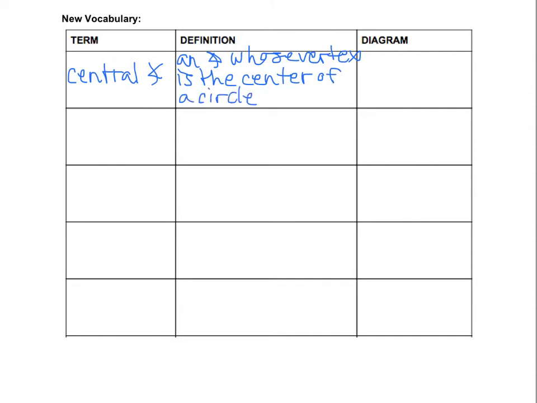What you need to know about a central angle, and this is a really important concept for this next video, is that the central angle always is going to equal the measure of the intercepted arc, or in other words, the part of the circle that gets cut off by the angle.